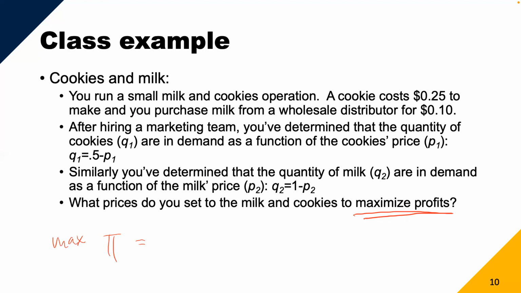Okay, so Q1 times the, wait, oh, sorry, yes. Price. Okay, so P1 times Q1. That's how much money I'm making, minus the cost of production. Okay, so let me do it like this.